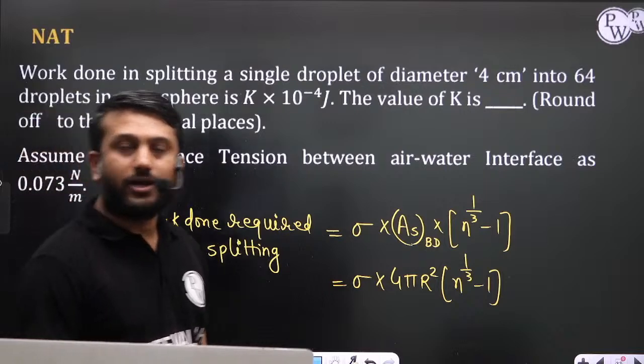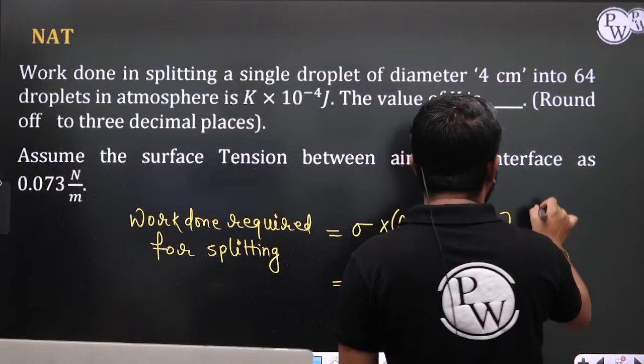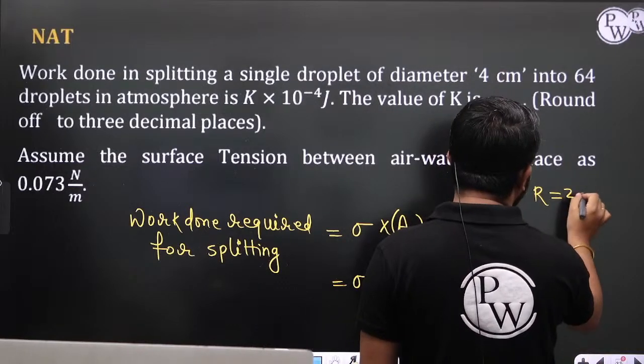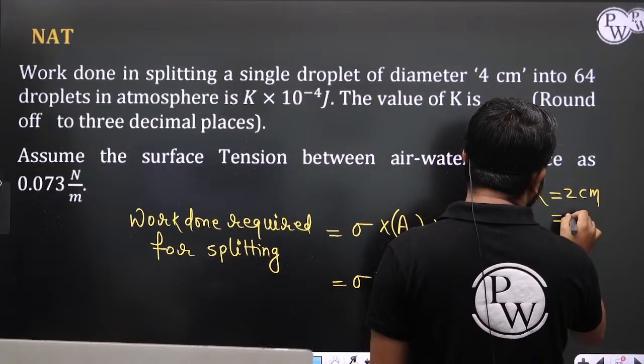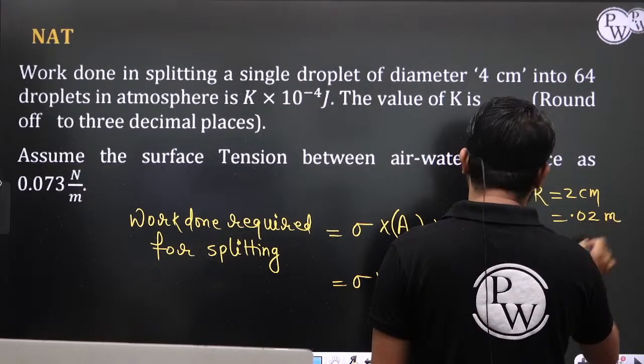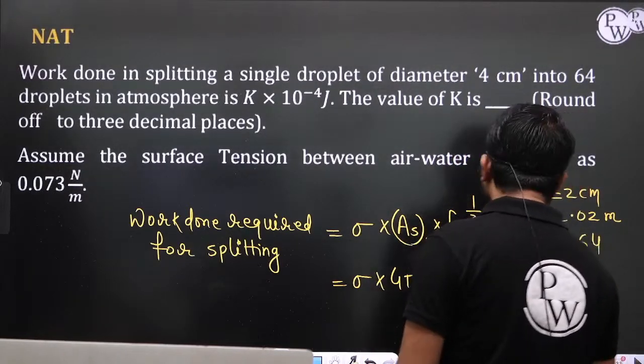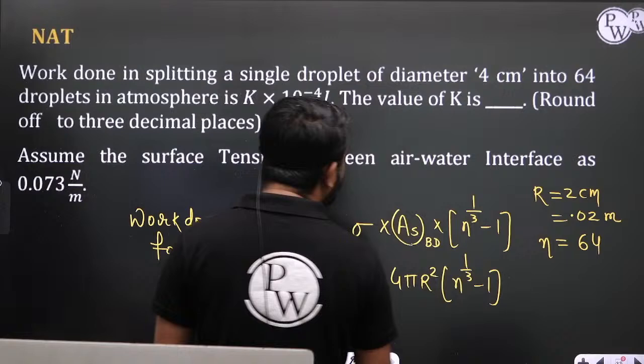Now what is r? Diameter is 4 centimeter, so r is 2 centimeter, or 0.02 meter. And the value of n is 64. Surface tension value is given as 0.073.